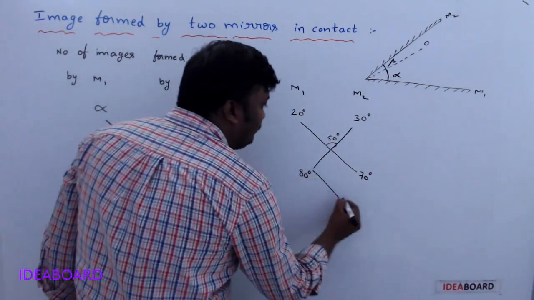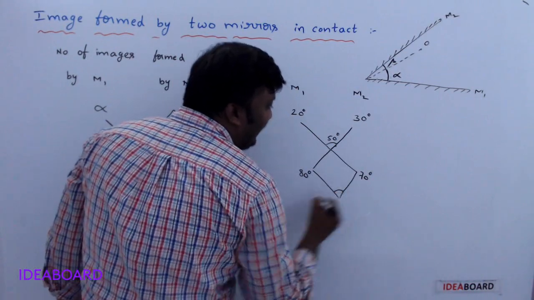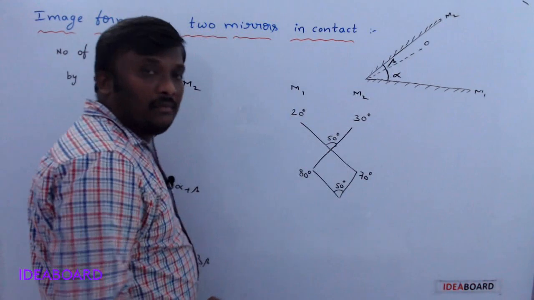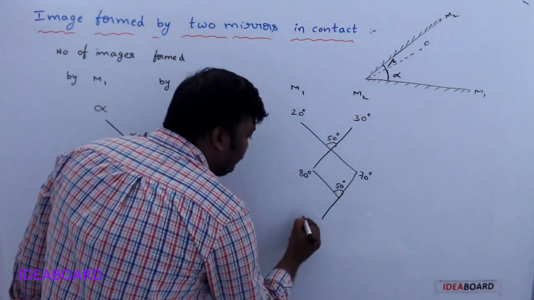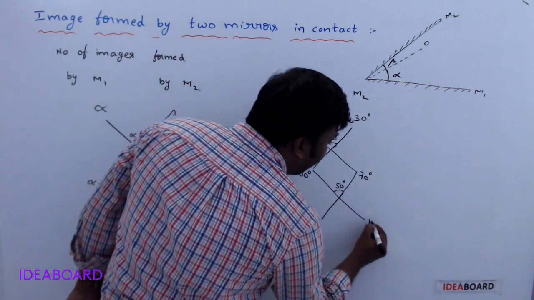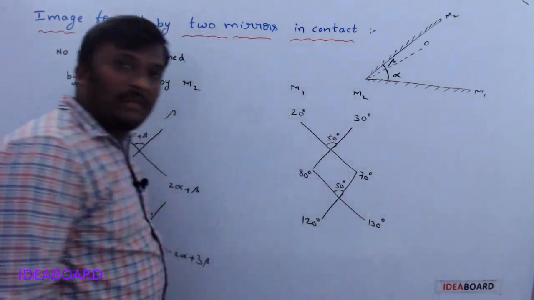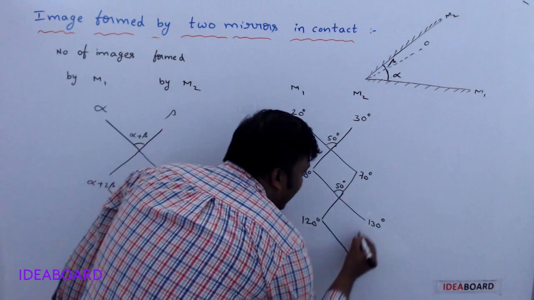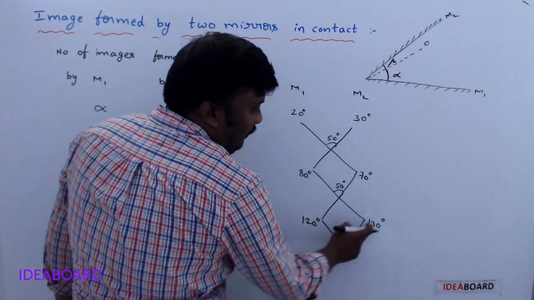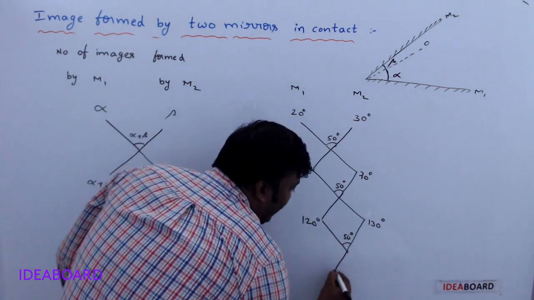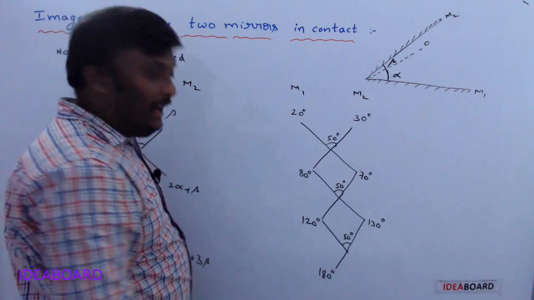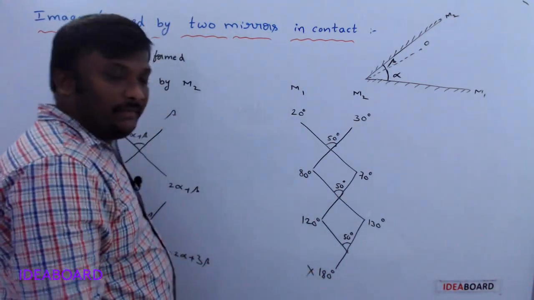Now again, what is the crisscross angle here? Only 50. 70 plus 50 is 120. 80 plus 50 is 130. Understand? Again the angle is 50 degrees. 50 plus 130 is 180 degrees. If it is equal to or greater than 180 degrees, that image is not formed, as we said.